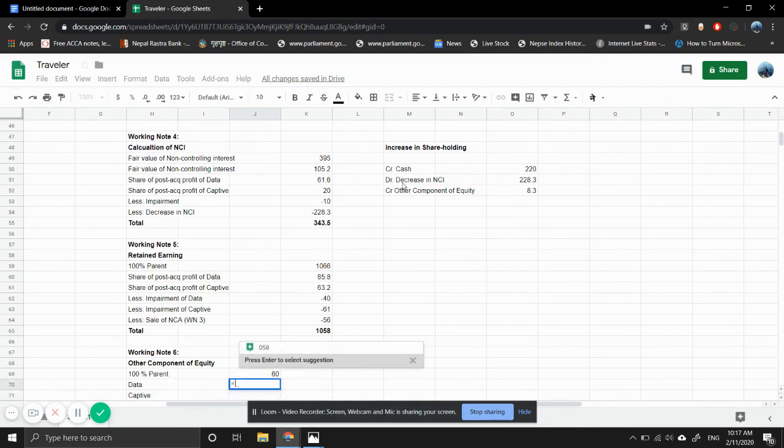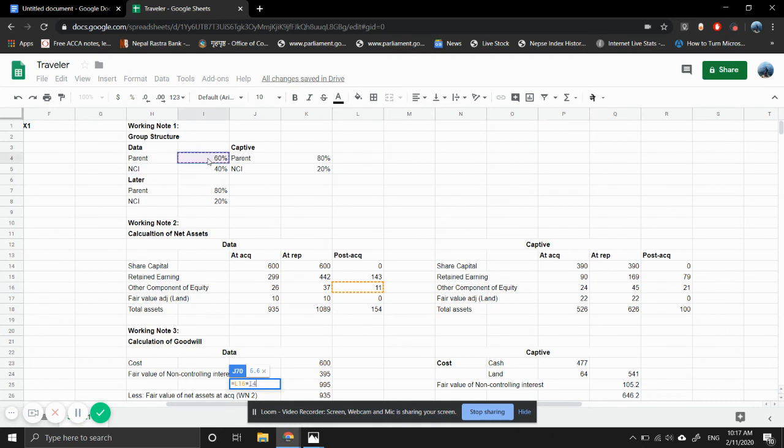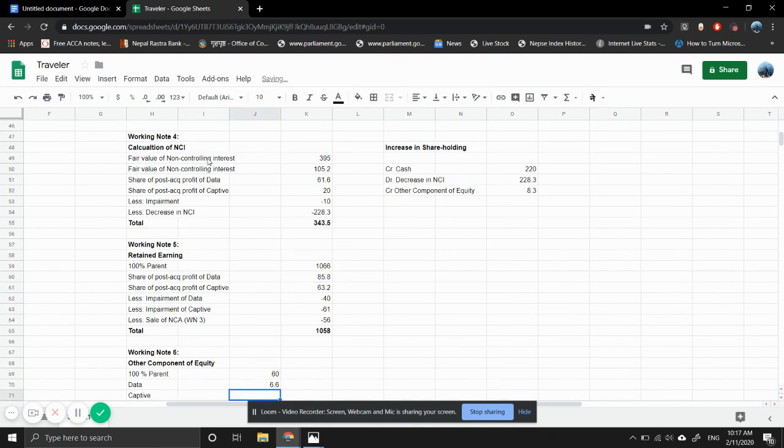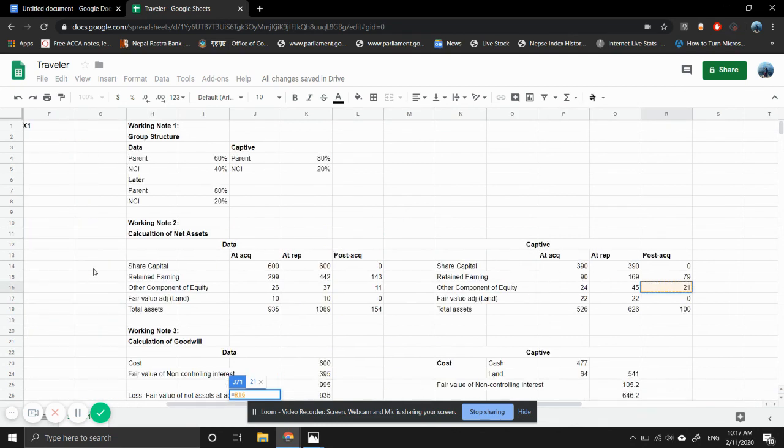In case of Data, the net change is 11 into our holding percentage, right? 6.6. So in case of Captive as well, it is this figure. Remember, I had already removed it from retained earning when calculating it.